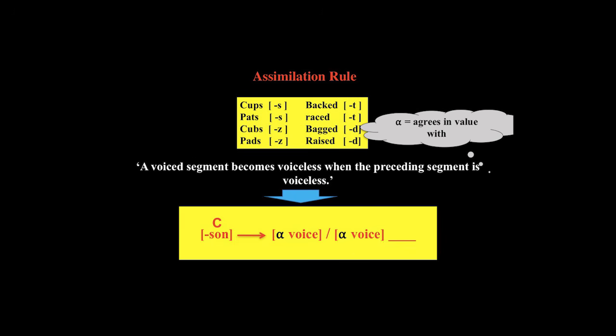This means that the voicing of the consonant is determined by the preceding consonant that is actually before it. So if the preceding consonant is voiced, the s becomes voiced. If it is voiceless, it is pronounced as a voiceless consonant.